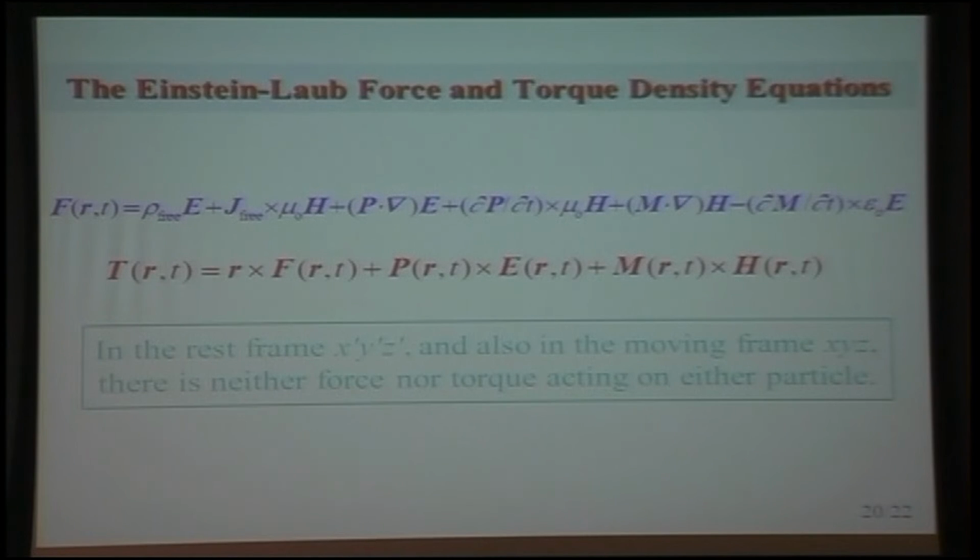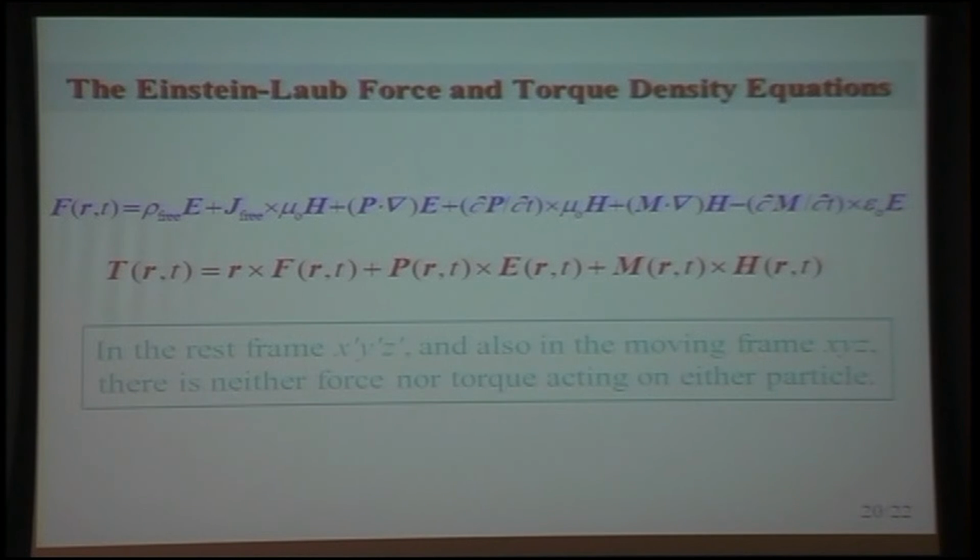Now, it turns out that there is a formula that Einstein published in 1908. It's known as the Einstein-Laub formula, and that formula is given here for the force density. For free charge and free current, it's the same as the Lorentz law, but for electric dipoles and magnetic dipoles, it's somewhat different. Einstein treats electric dipoles and magnetic dipoles symmetrically in this formulation.